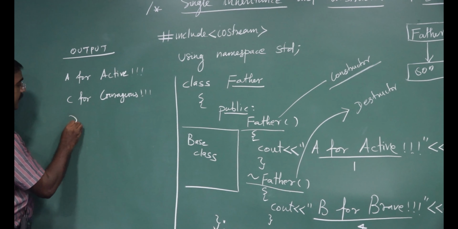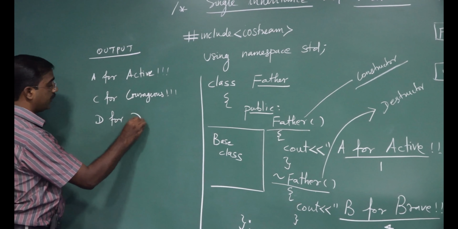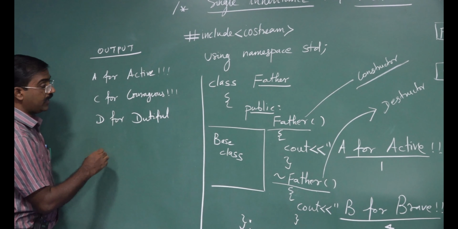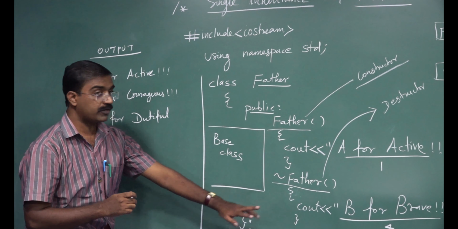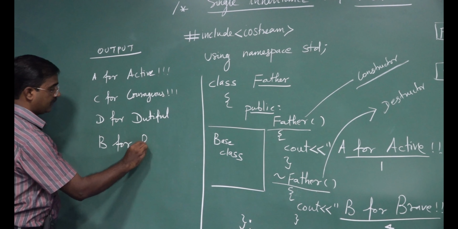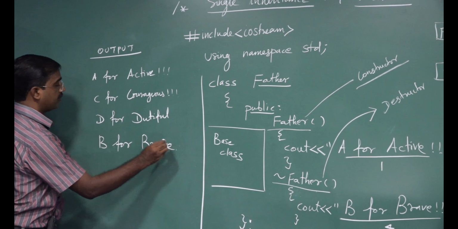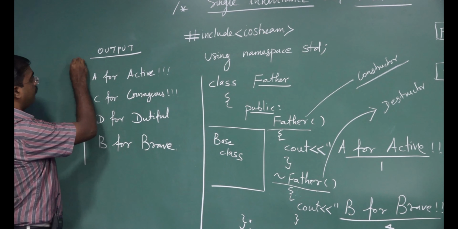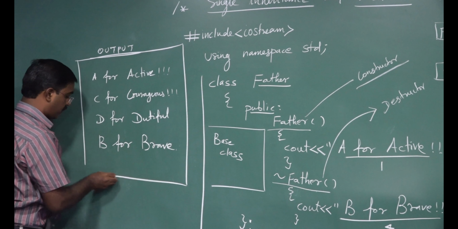Why? Because of the destructor. D for dutiful. The final destructor is B for brave. This is the final output of the coding.